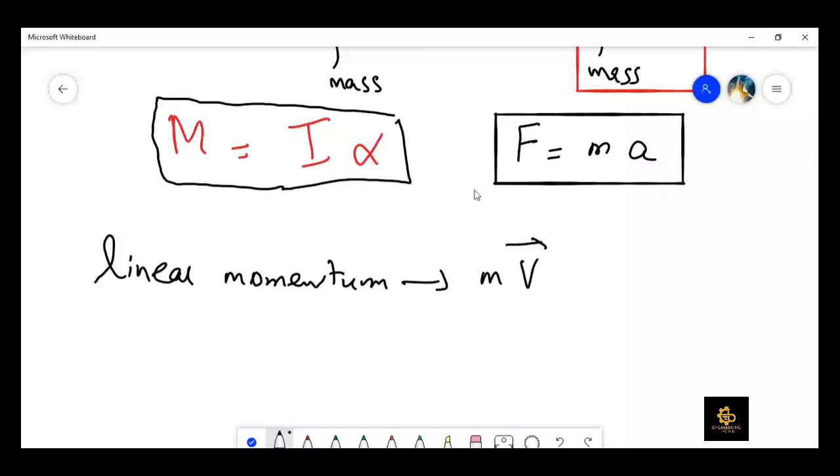But for rotation it is a little bit different, because in that case we are talking about the moment of a force. When a body is in rotation, there is an axis of rotation, so the distance from the axis of rotation is very important. We need to account for that distance as well, which is called the moment arm. Let me show you the diagram for the sake of clarity.